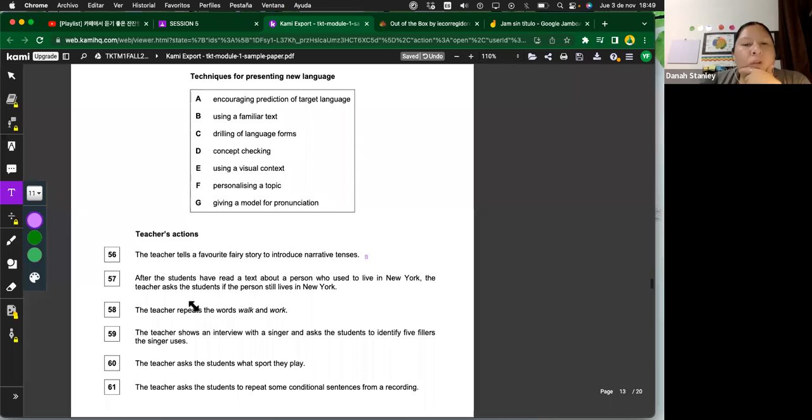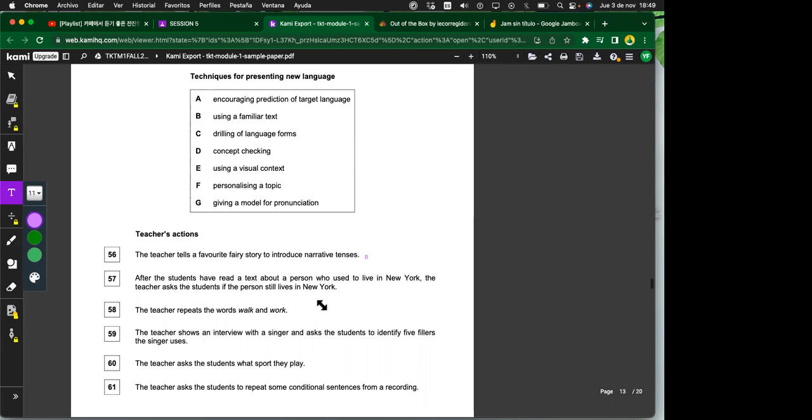Now, after the students have read a text about a person who used to live in New York, the teacher asks the student if the person still lives in New York. Is it letter E? Using a visual context.